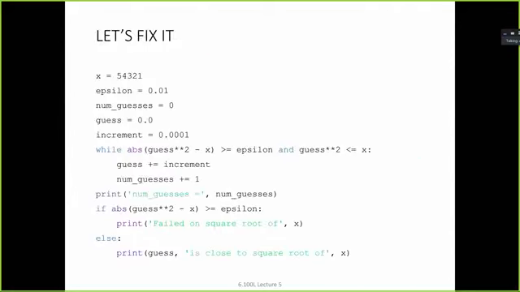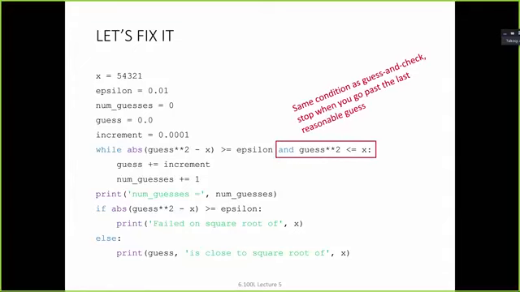So let's fix that. One addition will fix that. And it's something that we had been doing in guess and check anyway, right? In guess and check, we would say something like, if we've passed the reasonable guess, when we know that guess squared from here on out is definitely too big, just stop. Stop guessing, right? And so we can add that same thing here as just another ending condition.